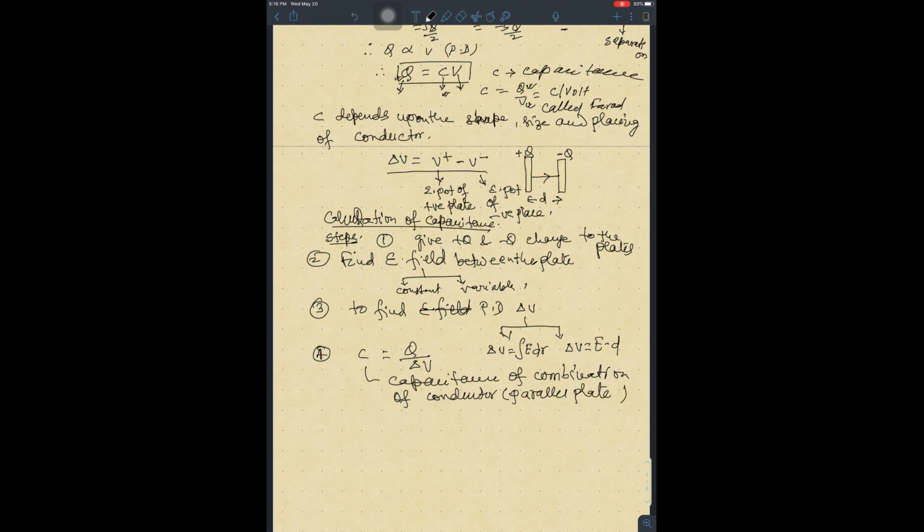Let us try to understand this thing by an example. Suppose a parallel plate capacitor is there with plate area equal to A and separation between the plates equal to D, and you are given the question, find the capacitance.